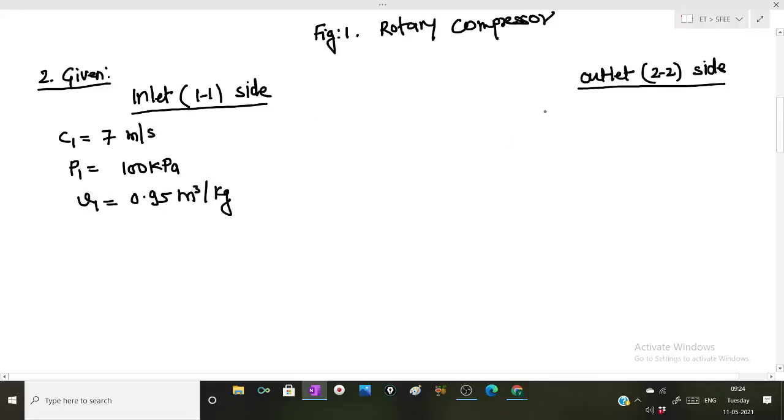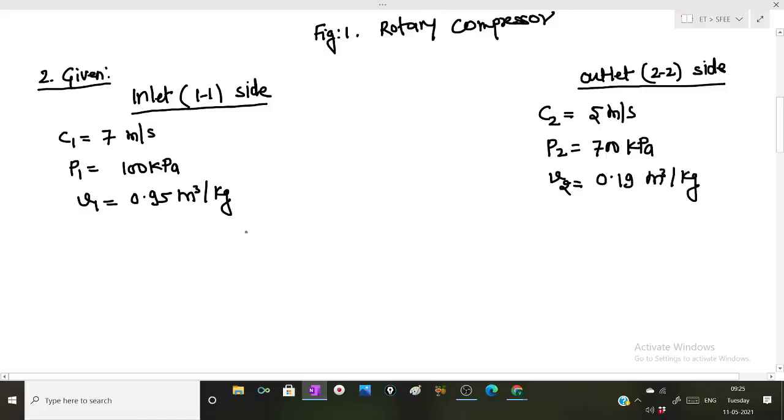Similarly, on the outlet side, velocity is 5 meter per second, pressure is 700 kilopascal, and specific volume is 0.19 meter cube per kg. These are the properties given at the inlet and outlet side.